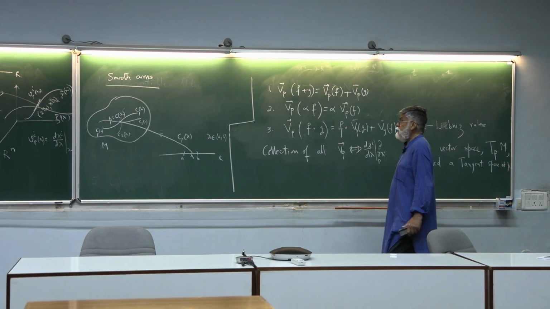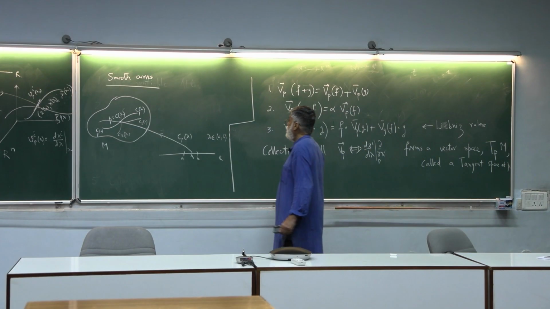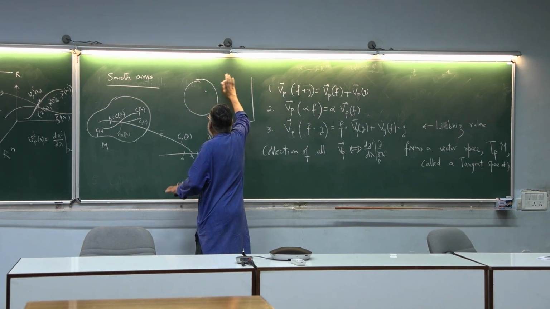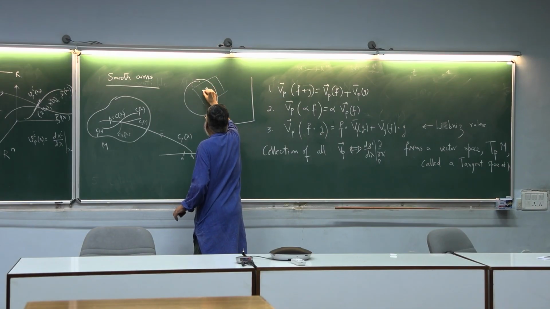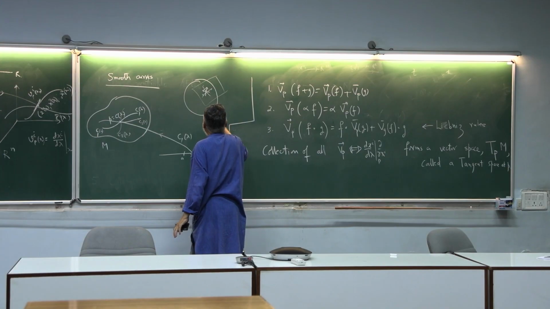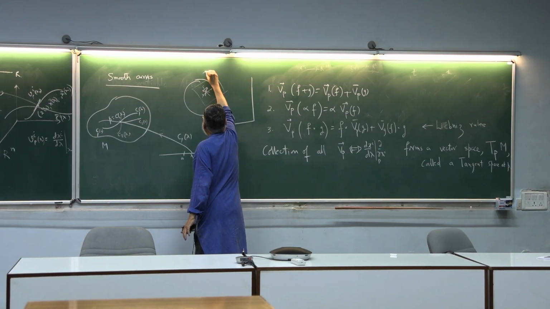Pictorially, yesterday I talked about the pictorial thing. You can think of S2. If you take the surface of the sphere S2, take any point, then the plane tangent to that contains all the vectors passing through this point and so on. That plane contains all the vectors tangent to this point. If S2 is your manifold, then this plane is the TPM.